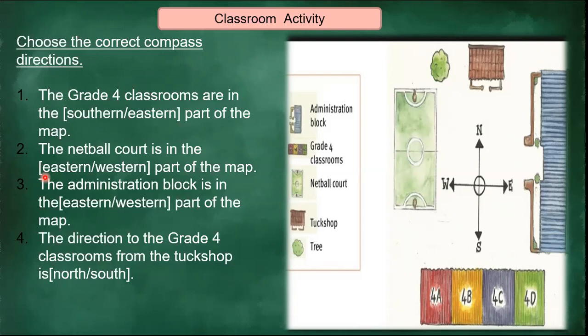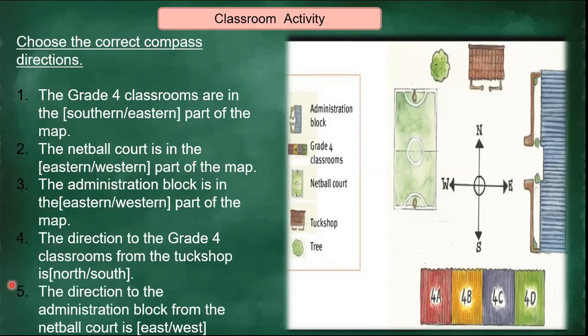North to the tuck shop, and go to class. Where is the class? South. Yes, thank you very much. Moving on.